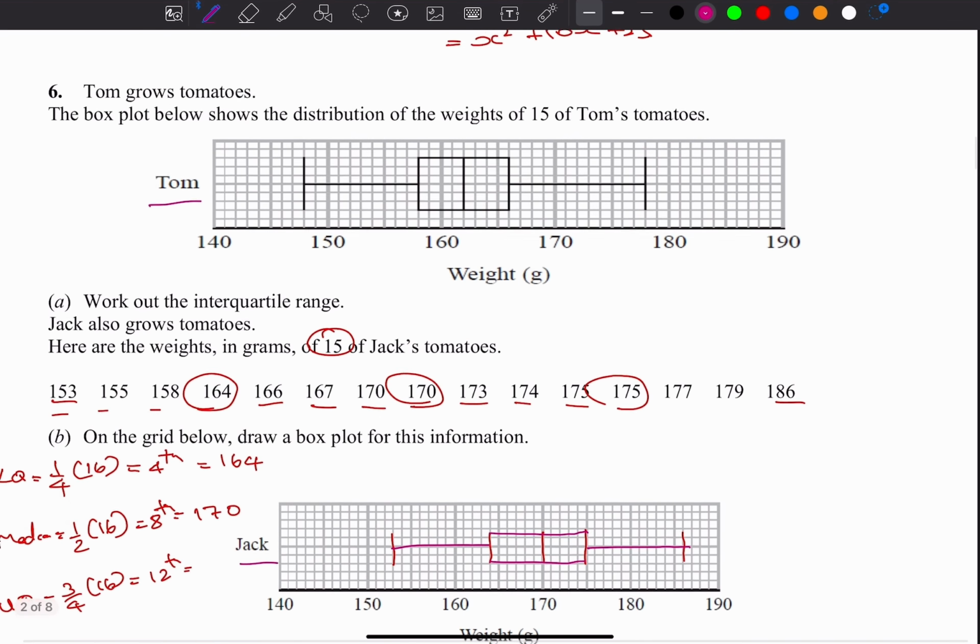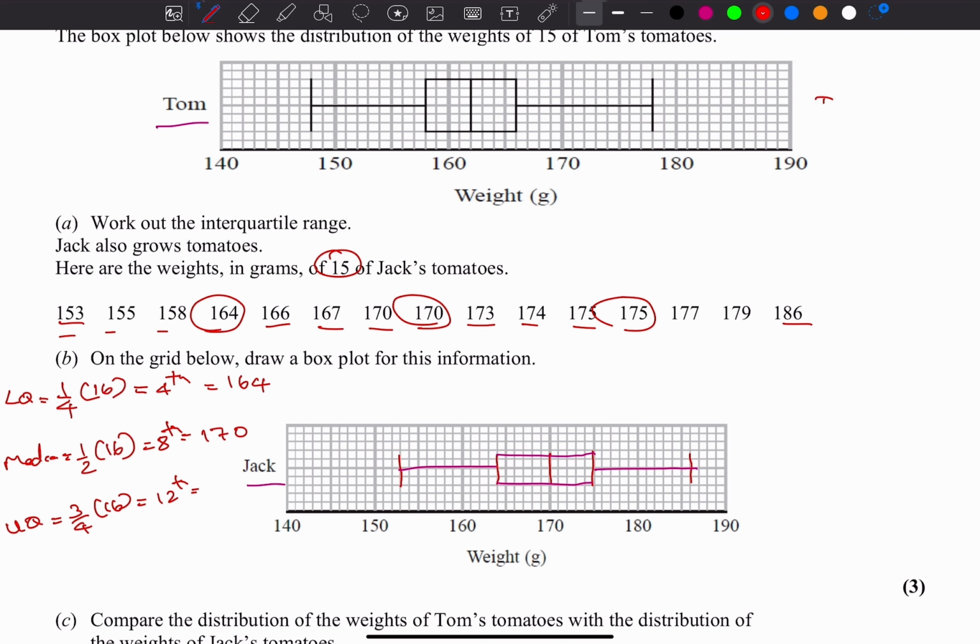And let's do the interquartile range. What is interquartile range? Interquartile range is upper quartile take away lower quartile, literally the size of the box, more or less. 166 upper quartile here, take away lower quartile 158, which is 8. You can look at the size of the box. Jack's one, the upper quartile was 175, take away lower quartile 164, which will make it 9.